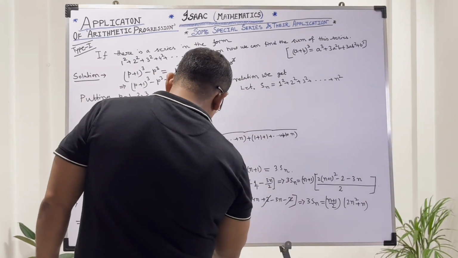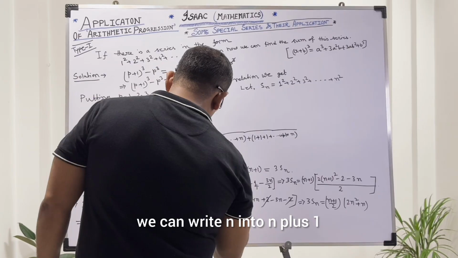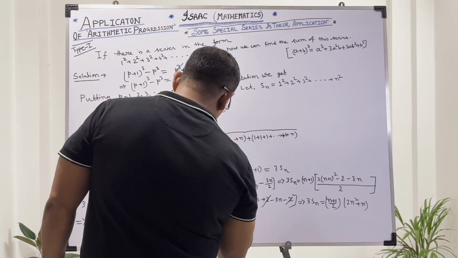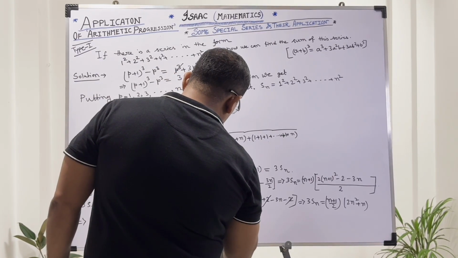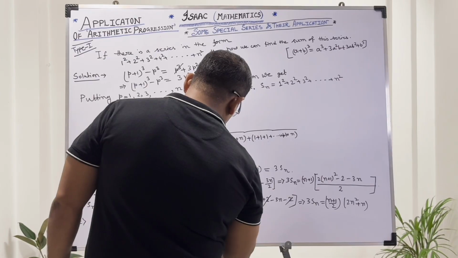That is why we can write n into (n plus 1) into (2n plus 1) whole divided by 6.